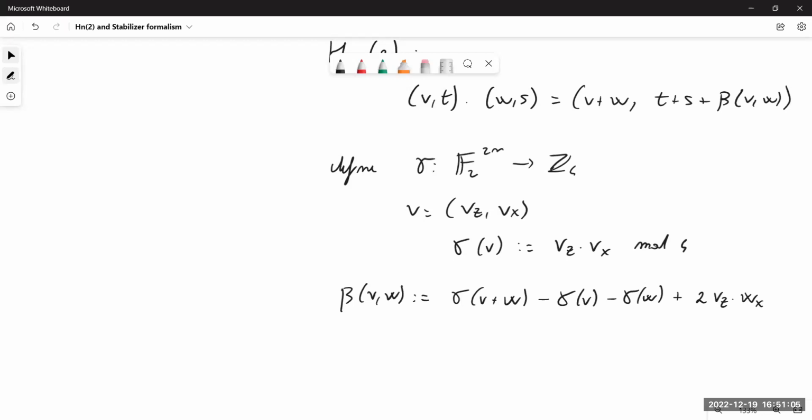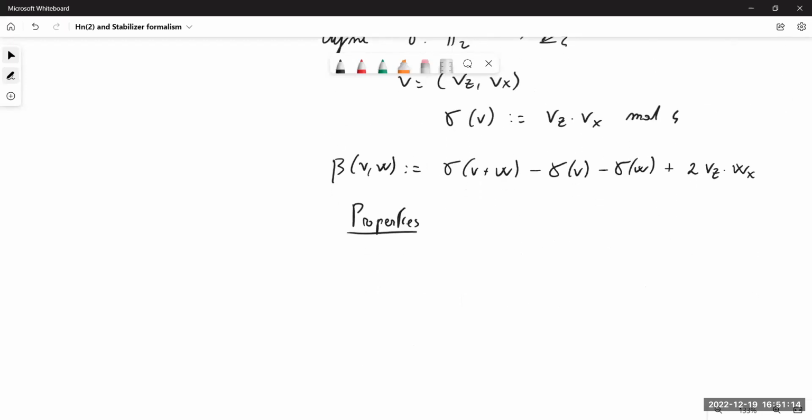And by construction, you have the following properties, which you can all check easily. First, beta of V,V is equal to beta of 0,V, or beta of 0,0, and this is 0. And the second one is that this beta is a lift of the symplectic form in a couple of senses.